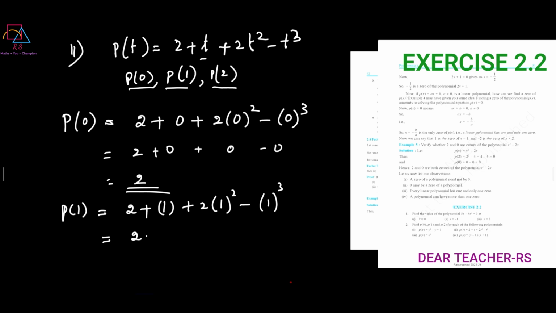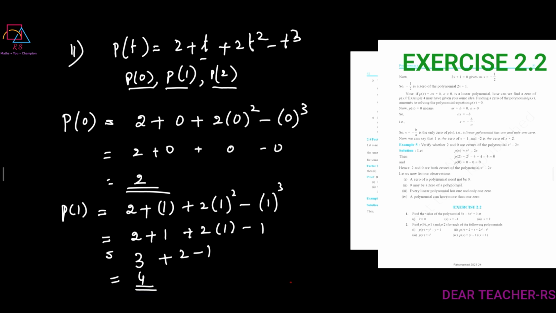So 2, open the brackets, 1, 2 into 1 square is 1, minus 1. So now 2 plus 3 plus 2 into 1, 2 minus 1. So 5 minus 1 is the answer. The rest of the problems, you try to do it, it is easy. And let us go to the next question.